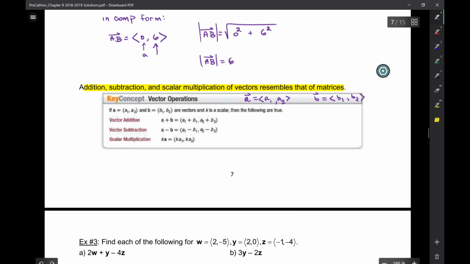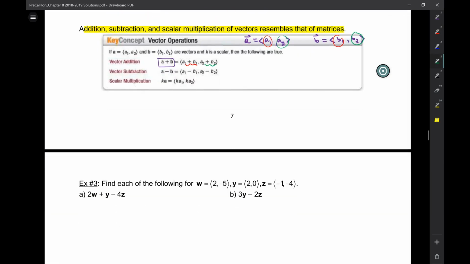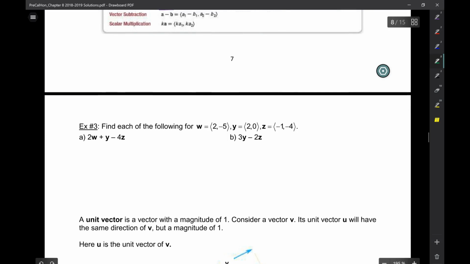Now, if I wanted to add two vectors in component form, all I do, just like matrices, is add corresponding terms. A1 plus B1 goes here, A2 plus B2 goes there. Let's just do an example because it's easier.